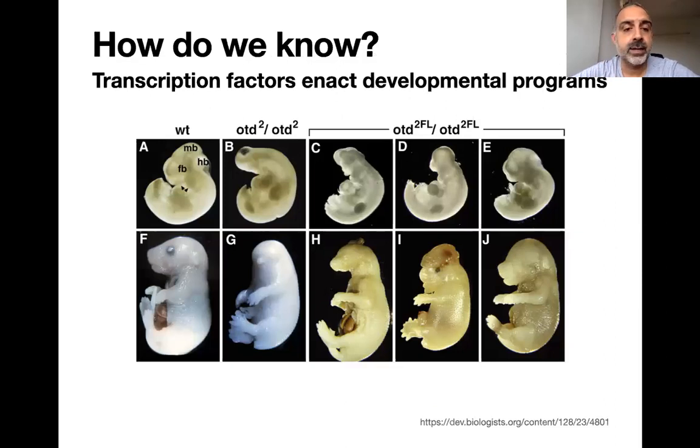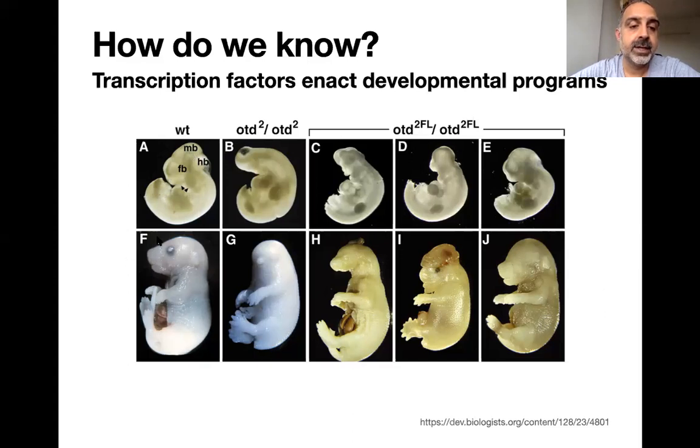And here you're looking at some quite old work actually, from about 20-25 years ago, that looked at the function of a gene called OTX. OTX is the vertebrate homologue of a Drosophila gene called orthodenticle. And so what you're looking at here are mouse embryos, at an embryonic stage that looks like about E12.5, and this is a newborn pup. What you can see in the wild type is a very nice embryo with a forebrain, midbrain, hindbrain.